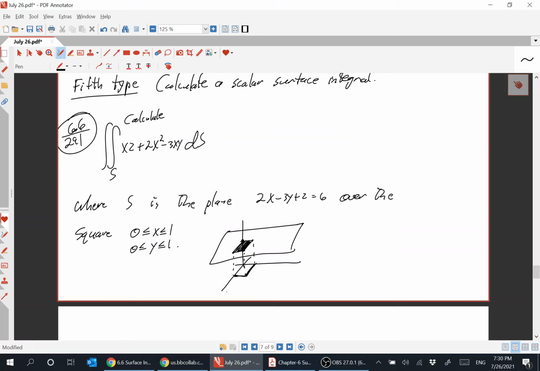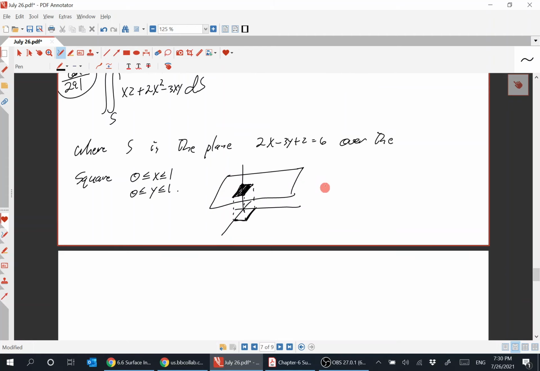You need a finite measure domain over which you're calculating. So here we've got this bit of the plane that's above the square. Remember we talked about how to restrict just part of the plane, like above a square or above a rectangle in the first octant. The triangle of a plane that just sits in the first octant, or the part of a plane inside a cylinder. That's another one that they throw at you.